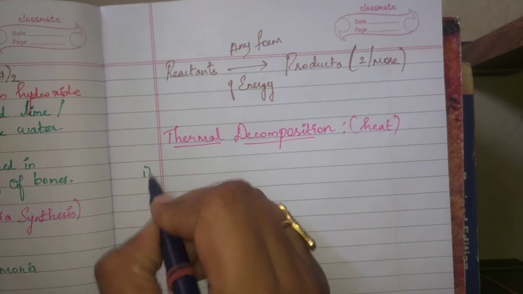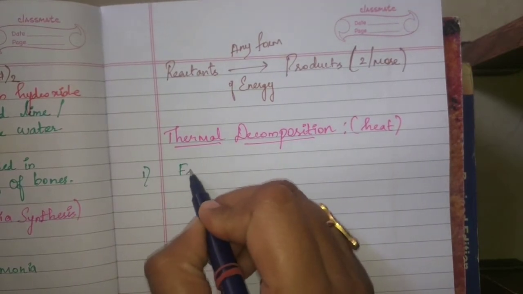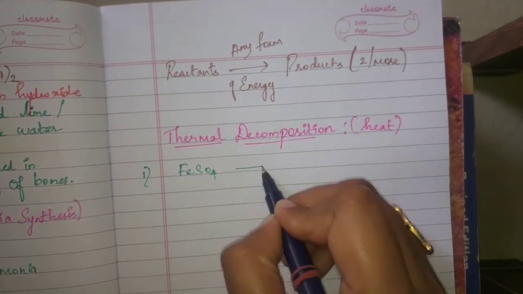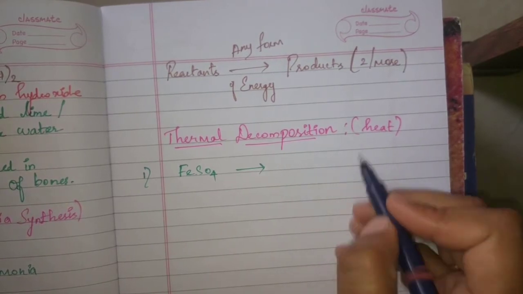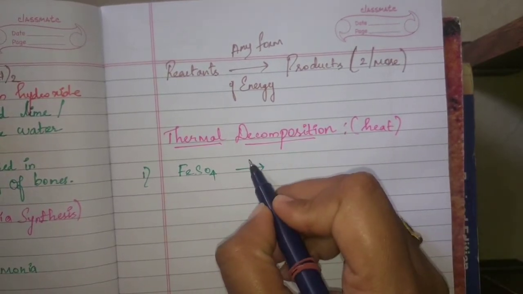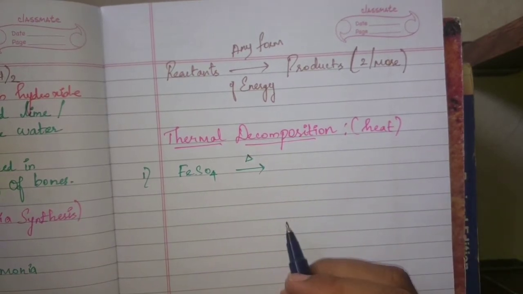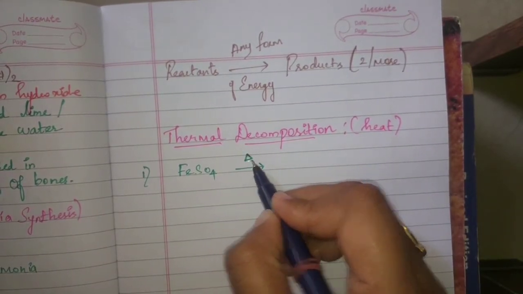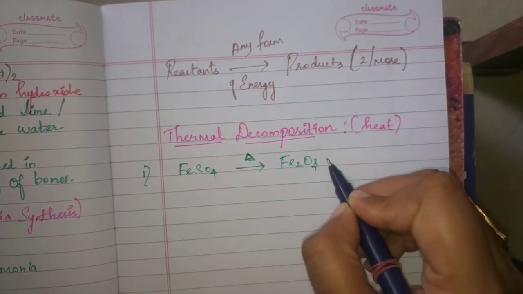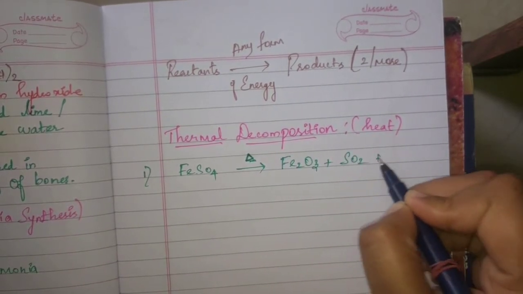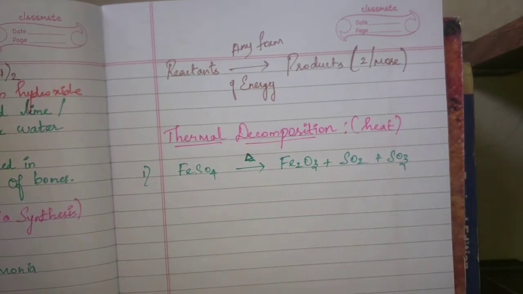Examples. Ferrous sulfate. Again the same equation we already discussed. So decomposition of ferrous sulfate using what? Heat. Heat is represented by the triangle symbol in chemical equations. It forms ferric oxide plus SO2 plus SO3 gases.